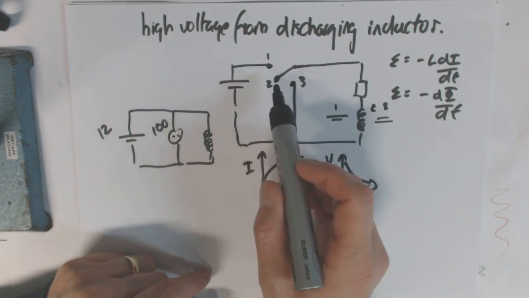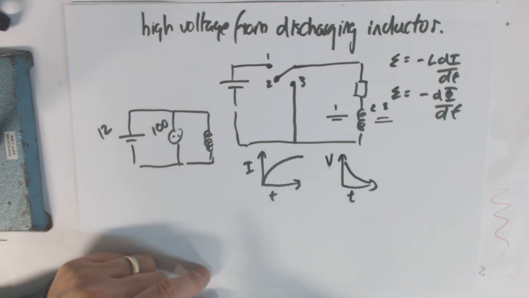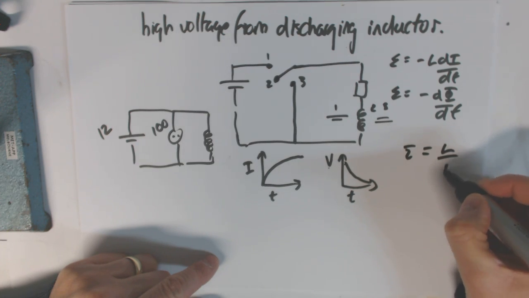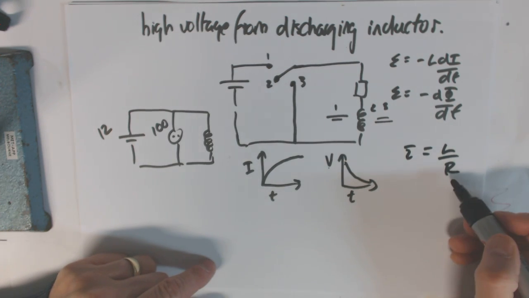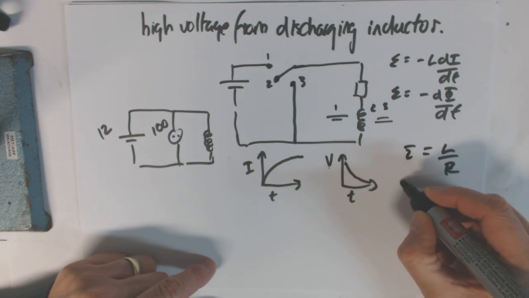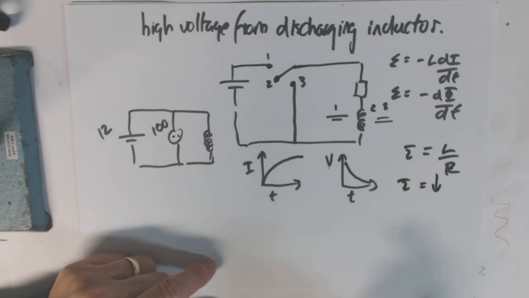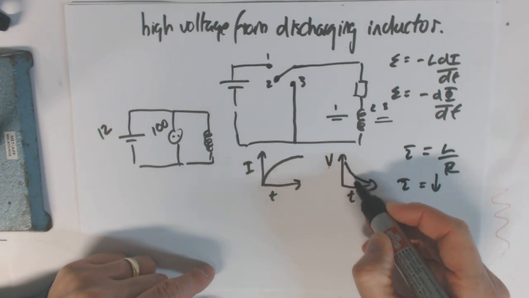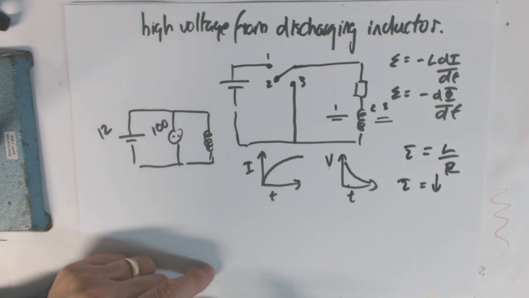When it discharges through number 2, it's going to be high enough to light that neon. That's because the resistance in the circuit has changed. And we know that the time constant for an inductor is L over R. So if the resistance increases, the time constant decreases. If the time constant decreases, this curve gets steeper because the time constant is much smaller.